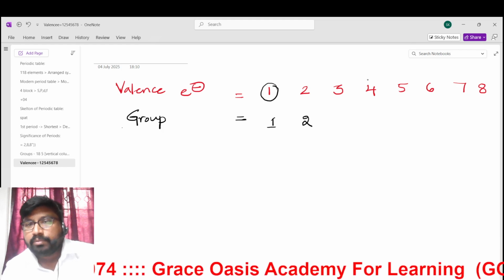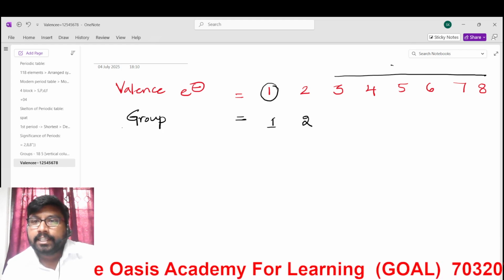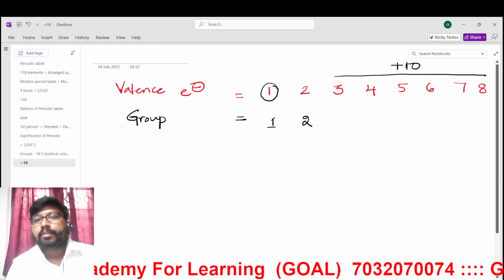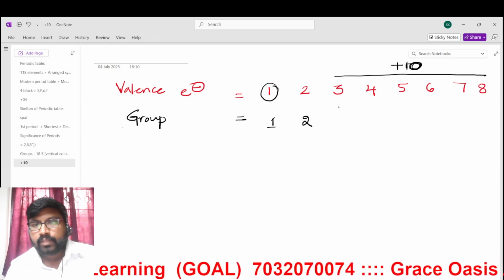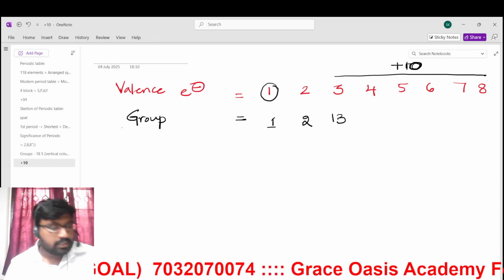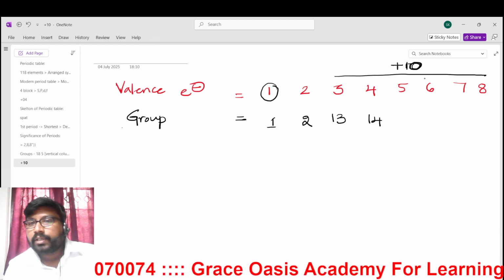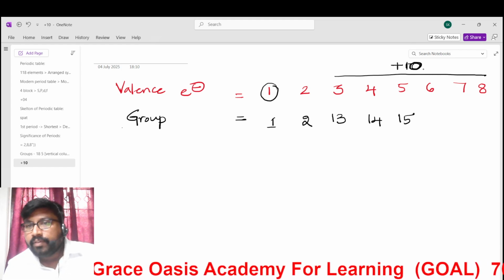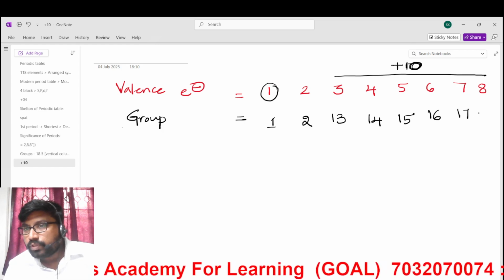From 3 to 8, you add plus 10. That means if the valence electron is 3, it will belong to the 13th group. If valence electrons are 4, it will belong to the 14th group. If 5, the 15th group. If 6, 16, and so on and so forth.